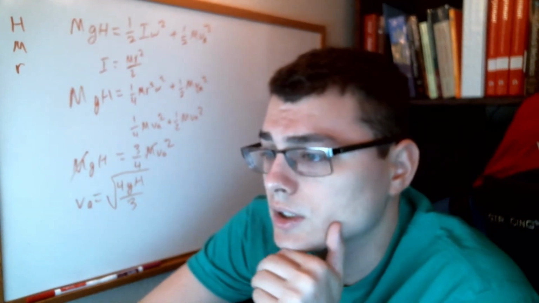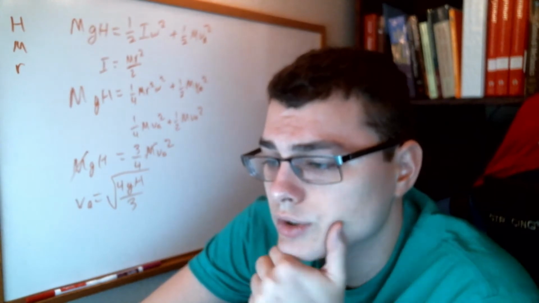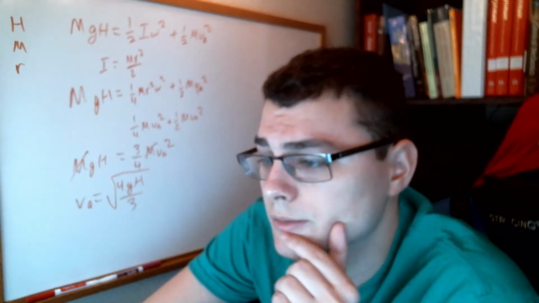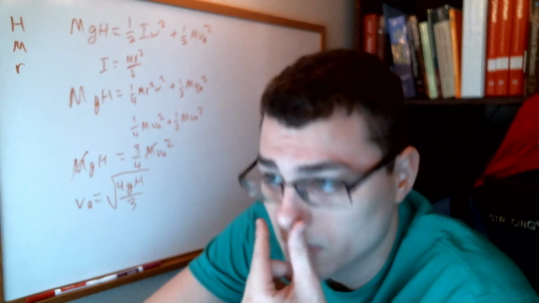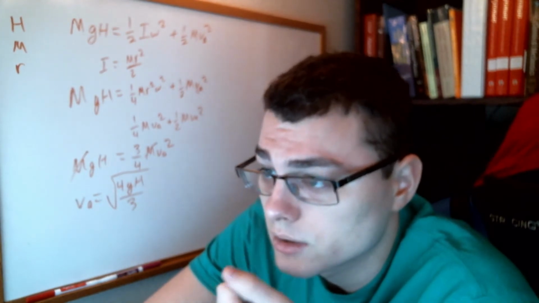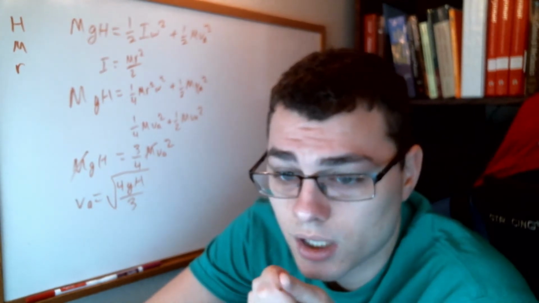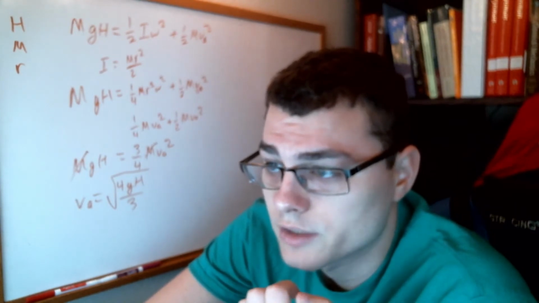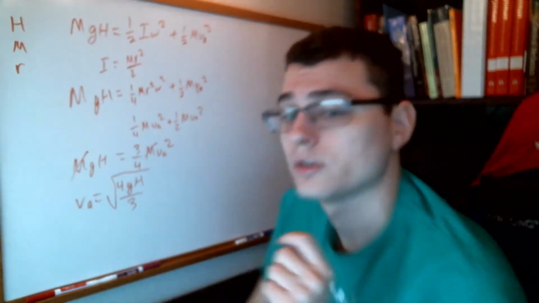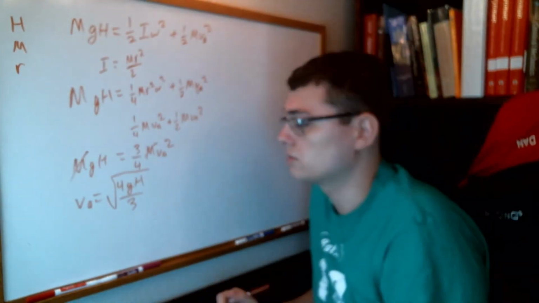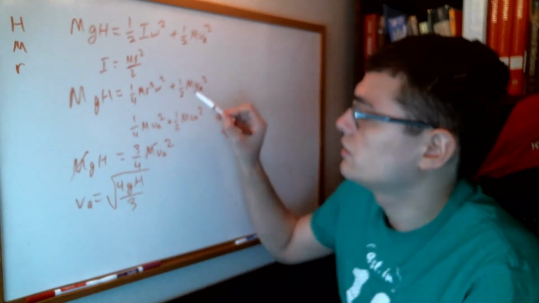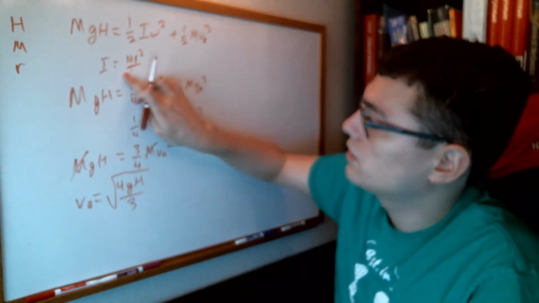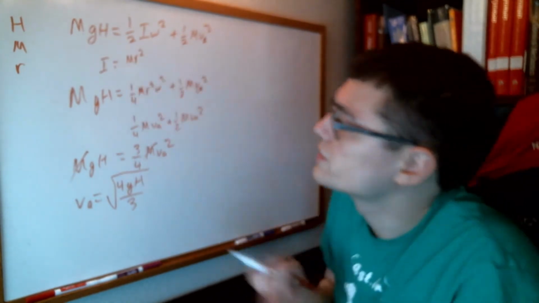For the next part of the problem, we're going to substitute in B's. We're doing this for object B now. And we're going to get a different answer because we have a different moment of inertia. So we substitute in what I is, and I is just that.